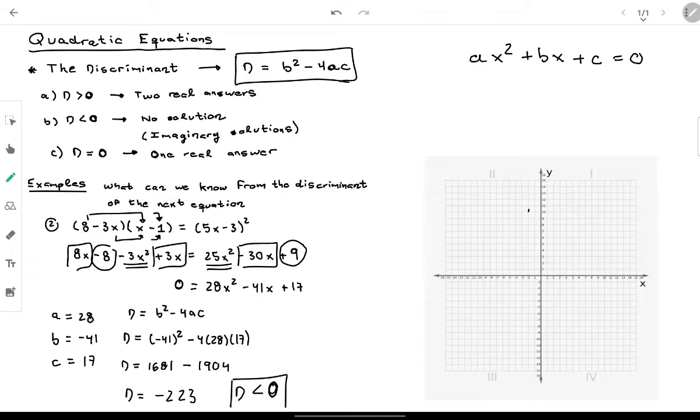So what can we know if the discriminant is smaller than 0? First of all, the quadratic equation has A, B, and C, so it's a complete quadratic equation. And if the discriminant is smaller than 0, that means if it's negative, we can say it has no solutions.